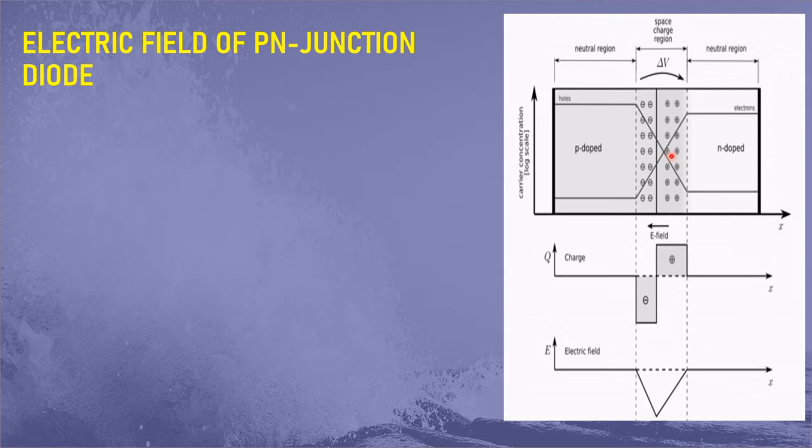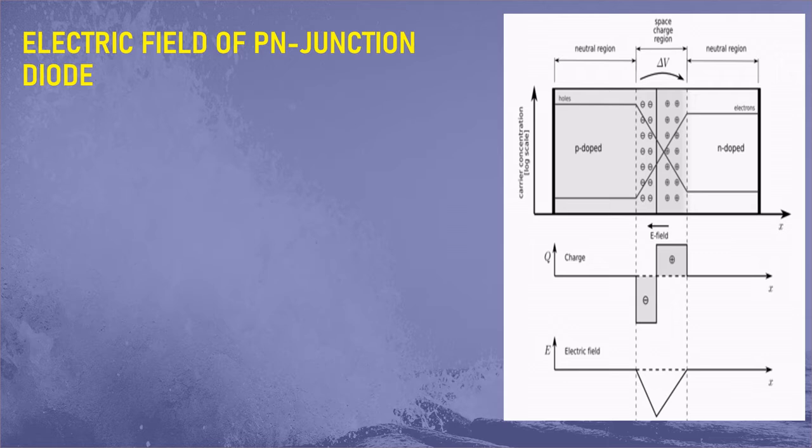So we can assume the space charge region abruptly ends in the N region at x equal to plus xn, and in the P region it ends at x equal to minus xp. This is the positive charge density region and this is the negative charge density region.